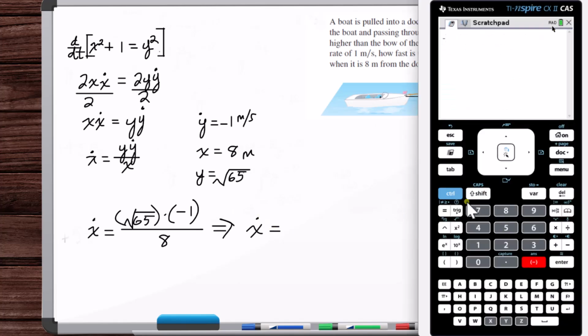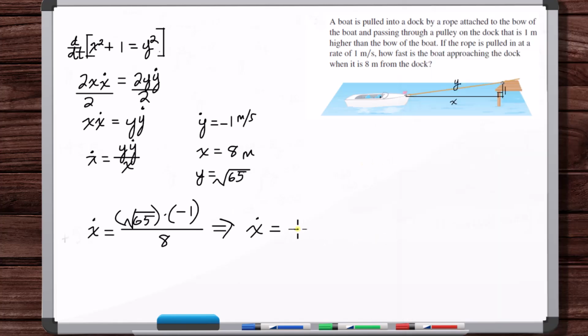So negative 1.01. Does this make sense? Yeah, the distance between the boat and the dock is decreasing. So this is the answer.